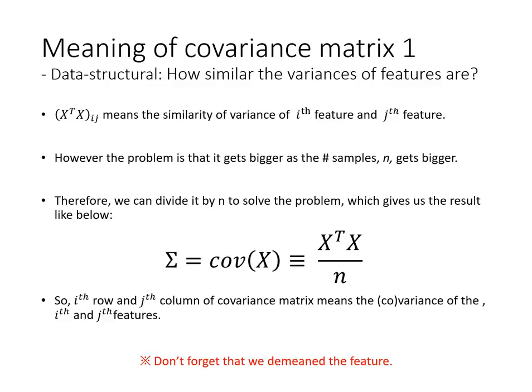And in many textbooks, they say that you have to divide it by n minus 1, not n. That's because you are calculating the covariance from samples, not from the population.